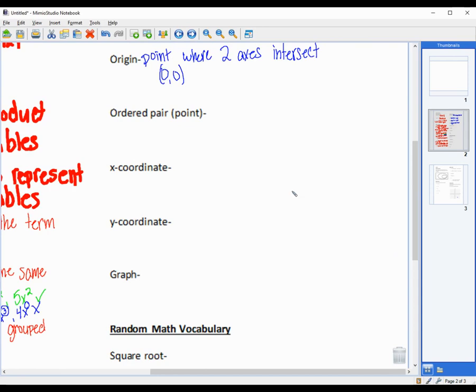So let's go ahead and define ordered pair. An ordered pair is a set of numbers used to locate any point on a coordinate plane.